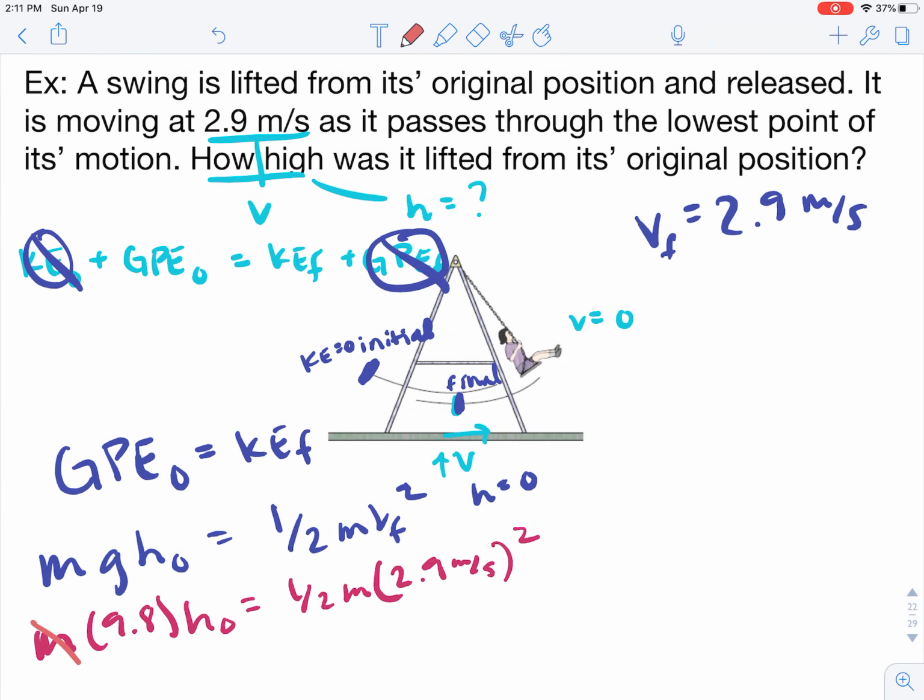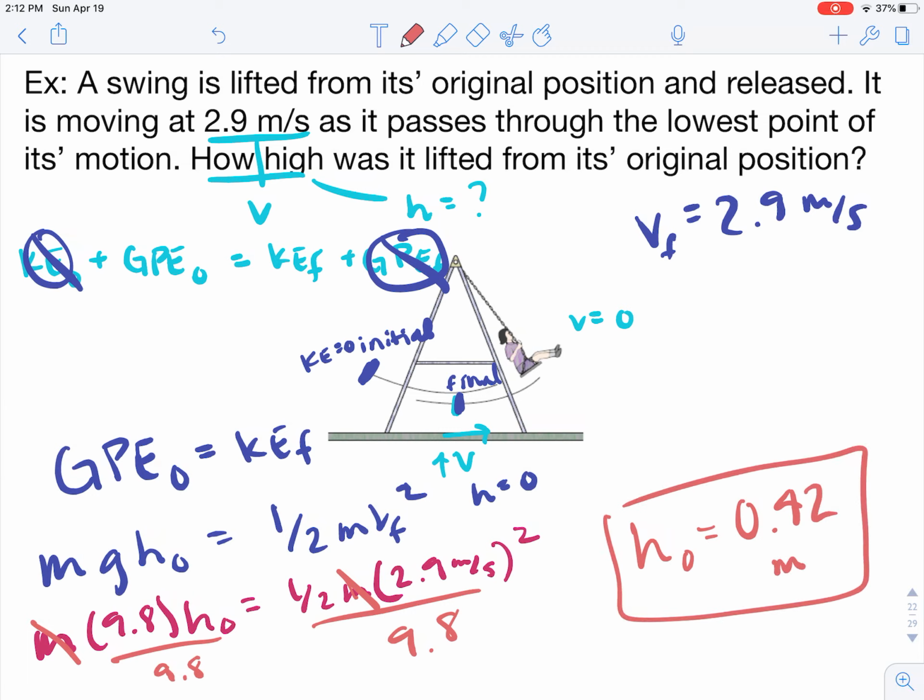What do you notice is on both sides of this equation? The mass. So if I try to move all the masses to the same side, I end up dividing by itself, and it ends up canceling out. So really simple, all I have to do from this point is to move 9.8 to the other side and plug this into my calculator. And so I get the height initial is 0.42 meters.